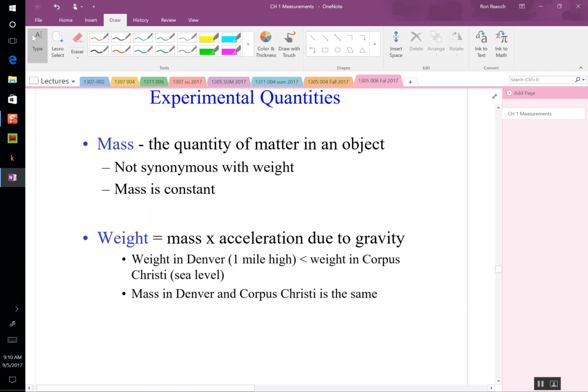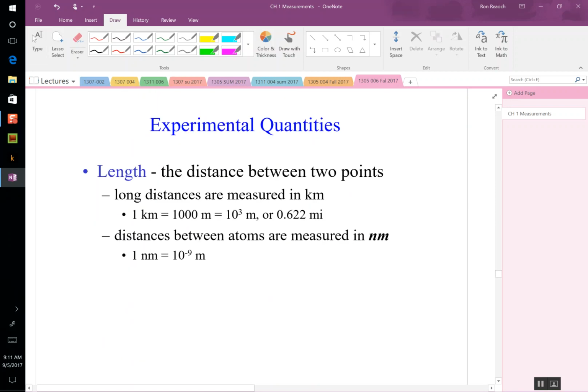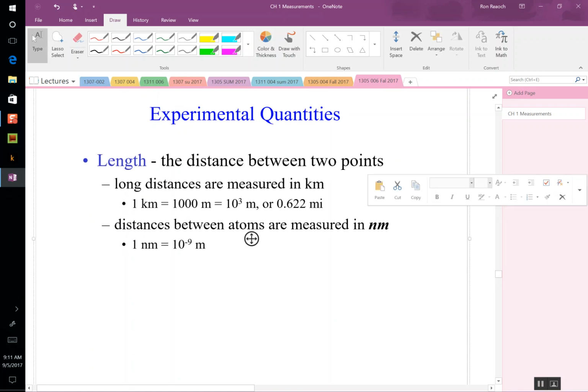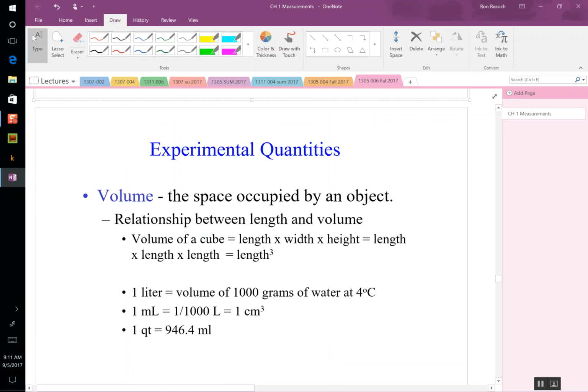So weight has to do with the force of gravity. Mass is really how much material is there. But at sea level, mass and weight are about equivalent. Length, the distance between 2 points. So those are your length, mass, and then volume. How much space does that occupy?